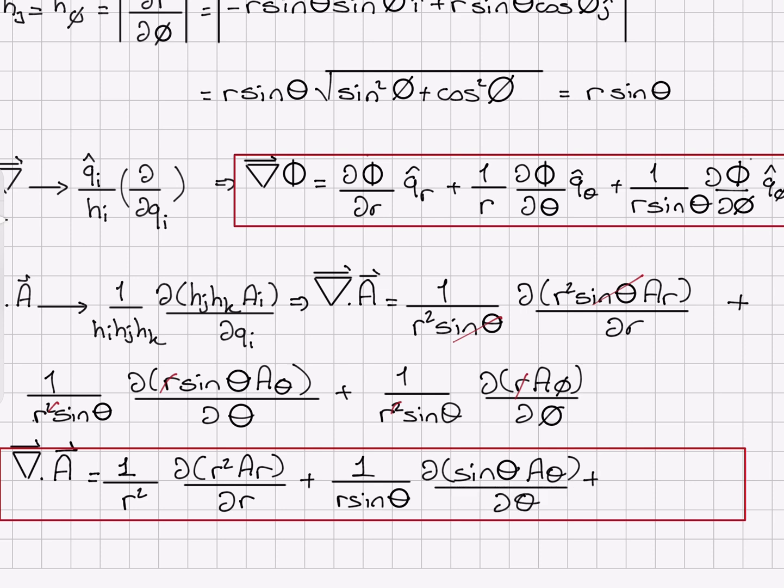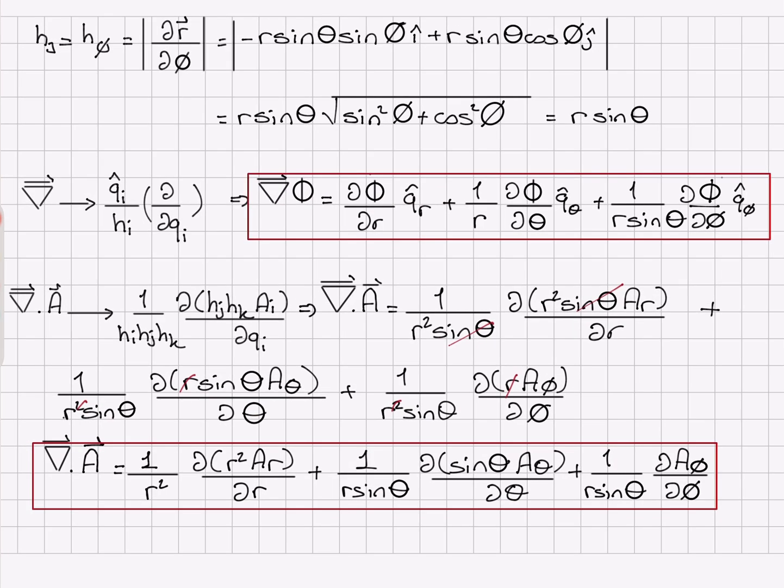And for the last term, 1 over r sine theta del a phi del phi. So this gives us our final answer for the divergence in spherical coordinates.